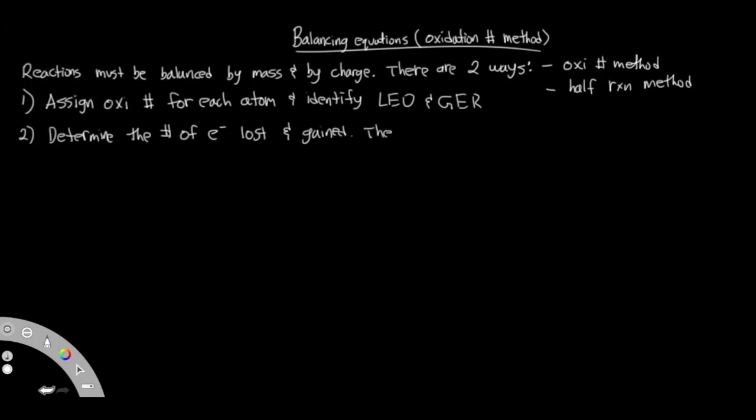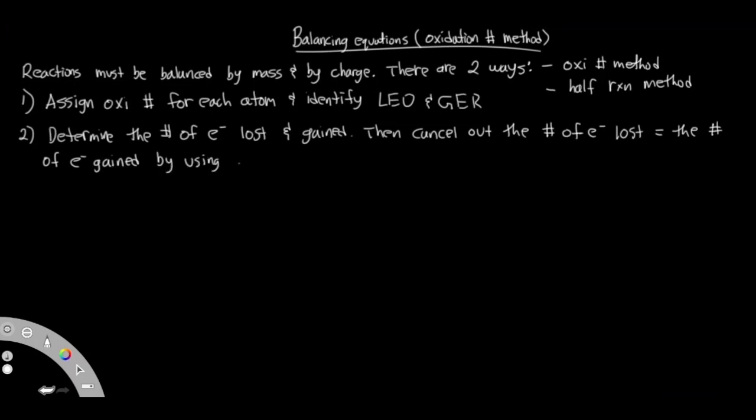Then cancel out the number of electrons lost, and it must be equal to the number of electrons gained, by using the simplest whole number.